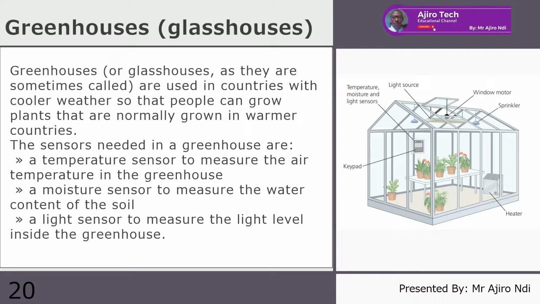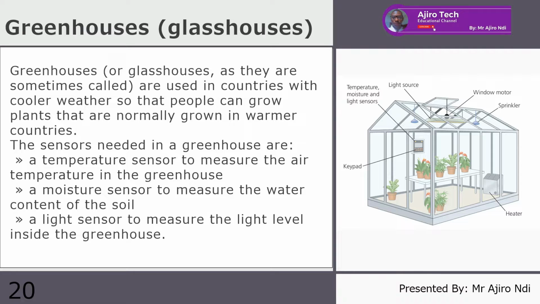Now, they are used in countries with cooler weather, so people can grow plants that are normally grown in a warmer country. The sensors needed in a greenhouse are a temperature sensor to measure the air temperature in the greenhouse, a moisture sensor to measure the water content of the soil, and a light sensor to measure the light level inside the greenhouse.